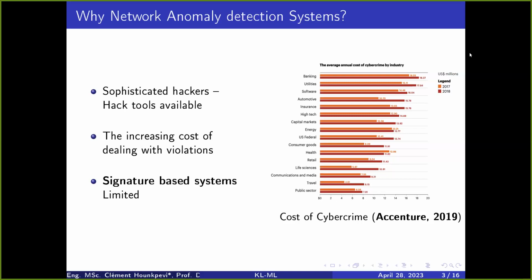The third reason is the limitations of signature-based systems. Signature-based systems are based on the principle that the attacker's signature is known, so they do not detect attacks whose signature we do not know. If a new attack has been created, this kind of system cannot detect it. That is the reason why we need to study anomaly-based detection systems.